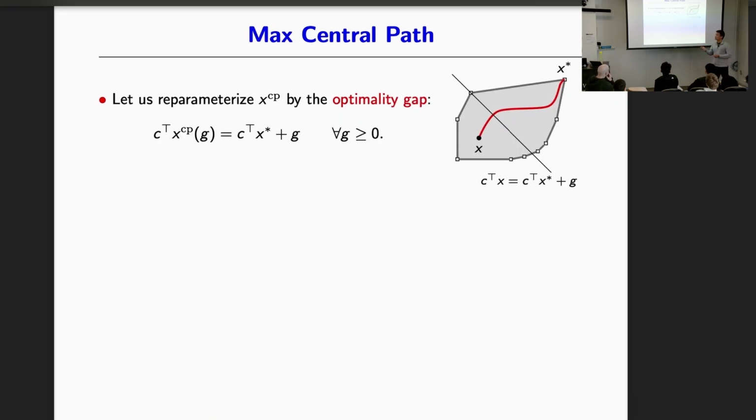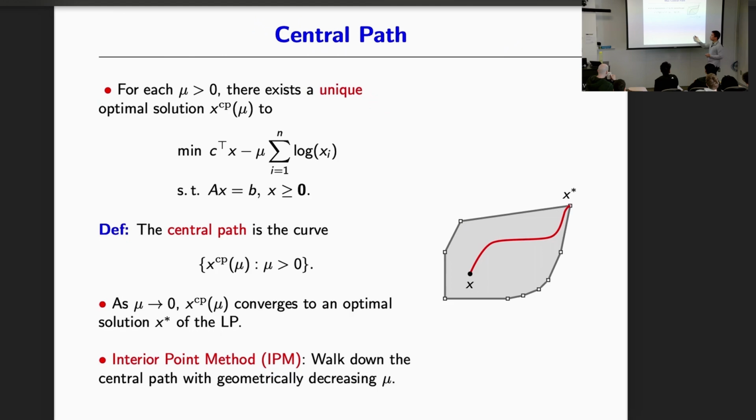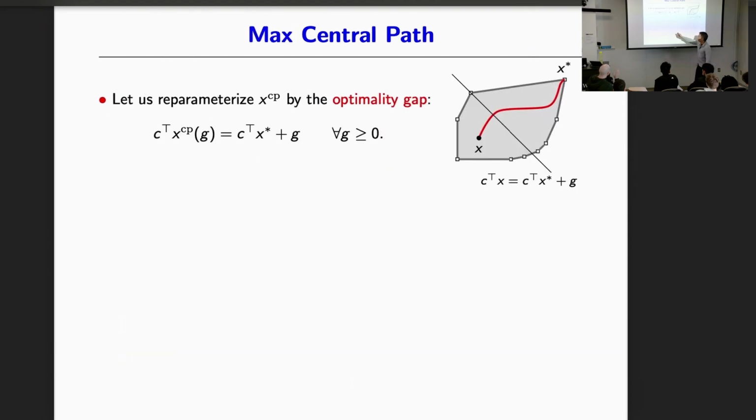So for this talk, it will be useful to reparameterize the central path. Remember, previously the central path was parameterized in terms of this penalty value mu. I'm going to reparameterize it by the optimality gap instead. So what's the optimality gap? It's the difference between your current value and the optimal value.